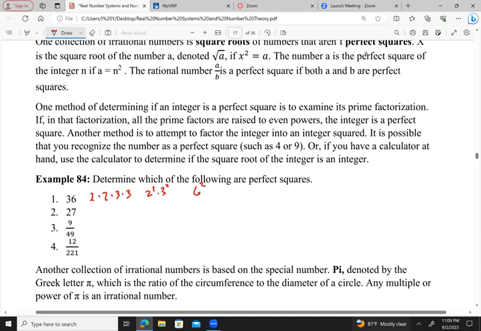Looking at 27, I have 3 times 9, which is 3 times 3 times 3, not a perfect square. Here I have 9, which is 3 times 3. I have 49, which is 4 times 9. So it is, and it's 3 over 7, which is 7 times 7. Here I have 12 over 221. 12 is not, so not.